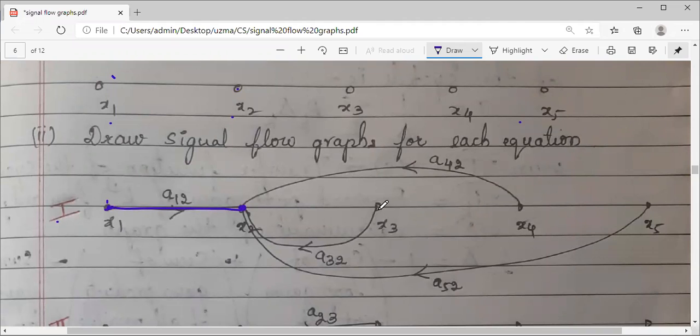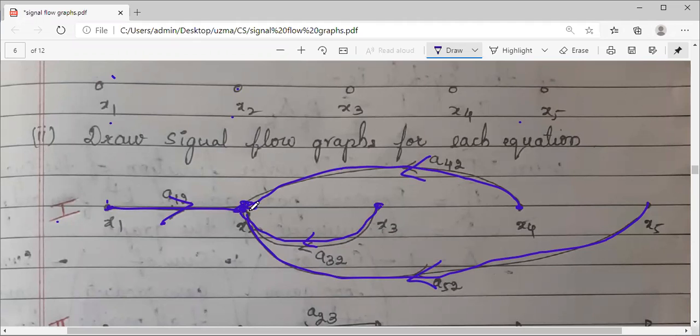From X3, I have to come like this. From X4, again one more line coming and joining at X2, and X5, right? All are incoming. That is your X2, the summing point. All these 4 signal values are coming and meeting at this point. So they are getting added.